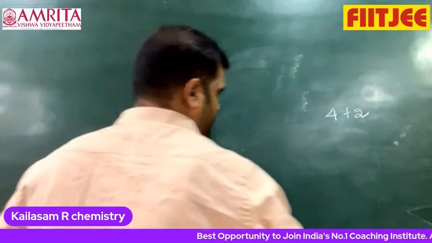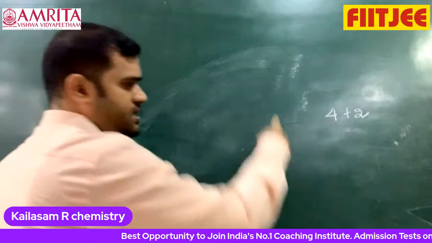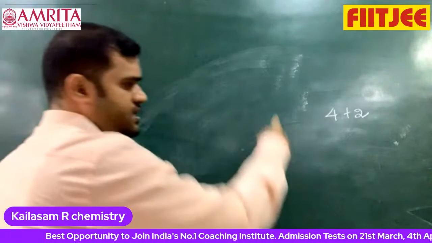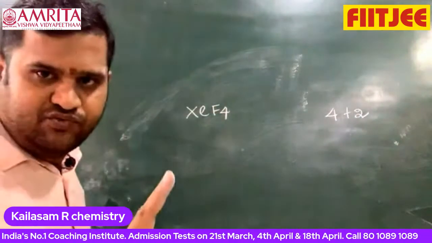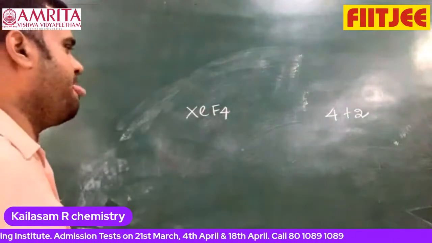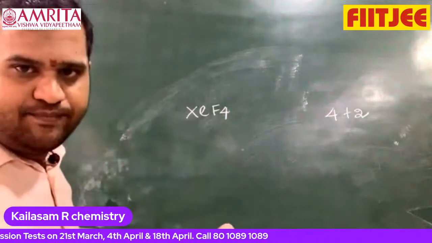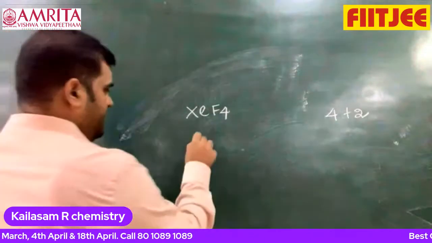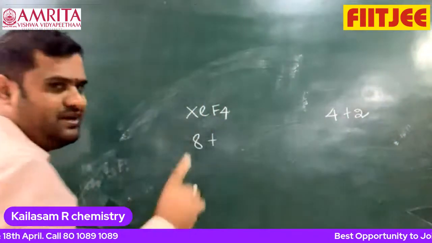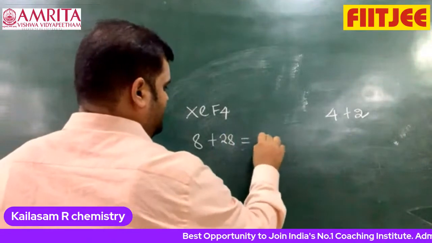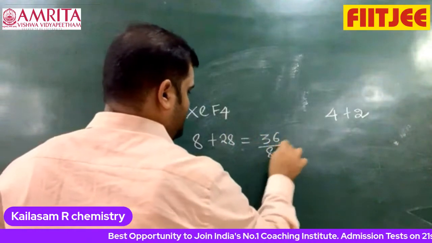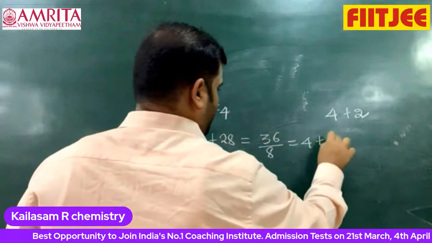Now the case of 4 plus 2, I'll go with that. XeF4. In XeF4, please keep it in your mind. Xenon central atom, how much valence electron? 8. Fluorine 7. 28, that means 36 by 8. 4 plus 2.